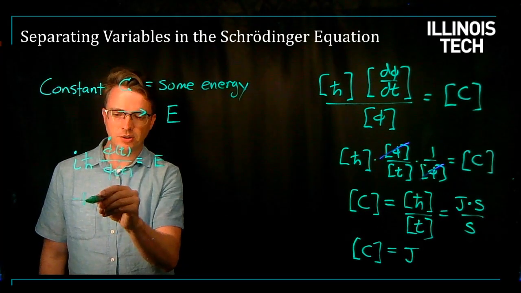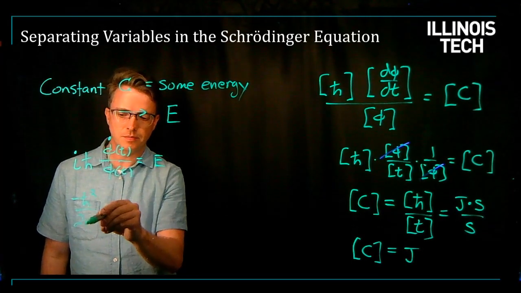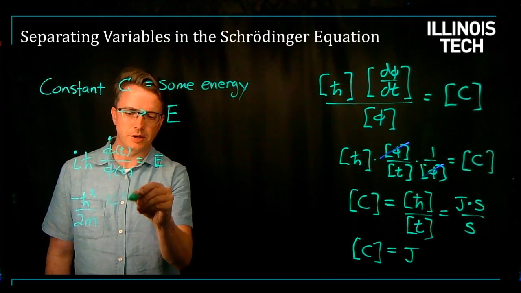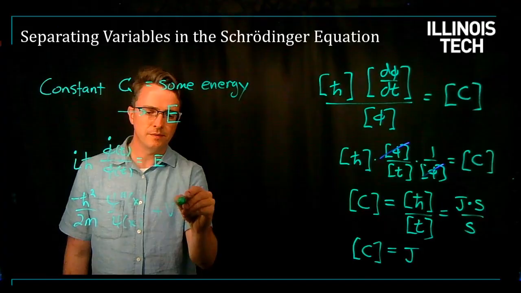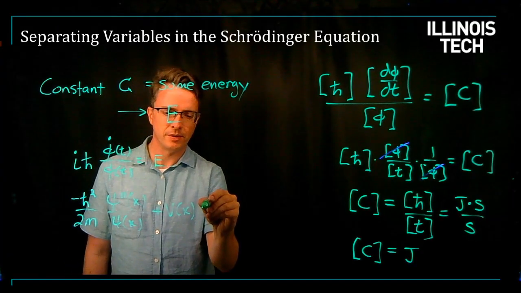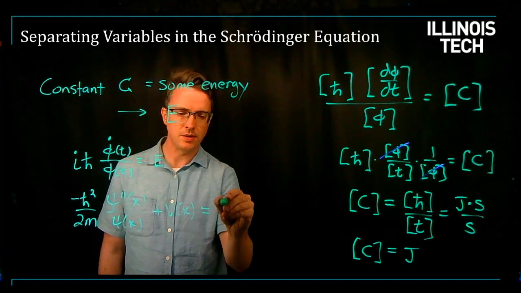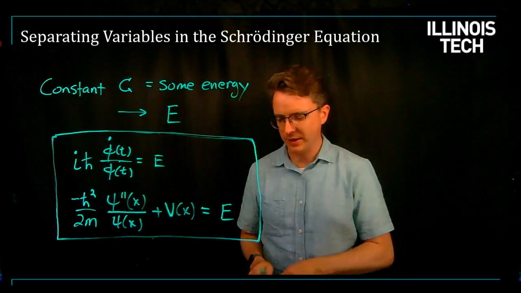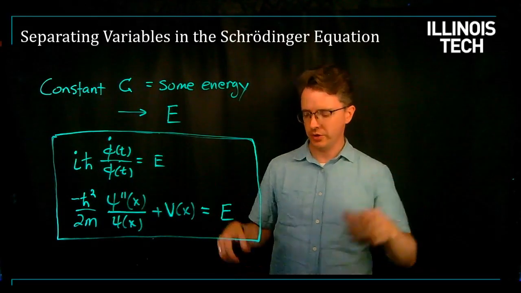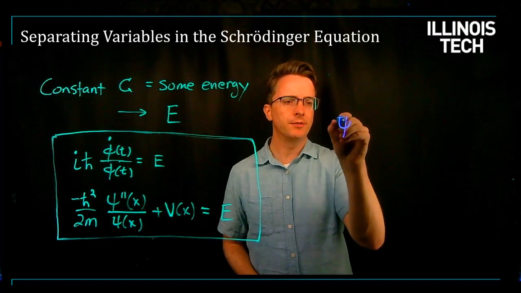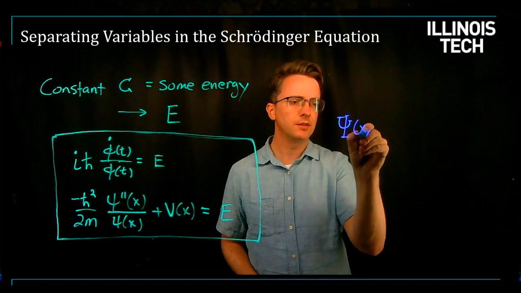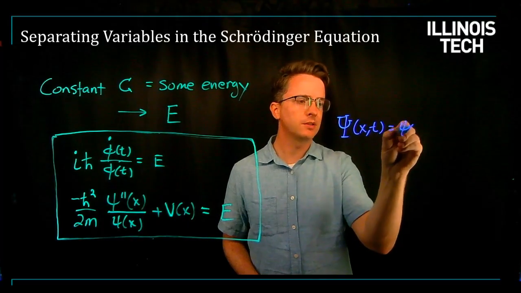And we have this equation, minus h bar squared over 2m, psi double prime of x over psi, plus V, is equal to E. Let me just recap what we did. We started with the full Schrodinger equation. We made an assumption that the wave function psi of x and t is psi of x times phi of t.